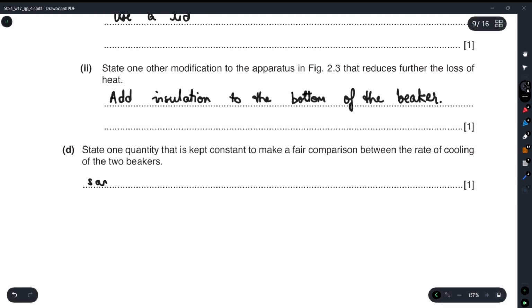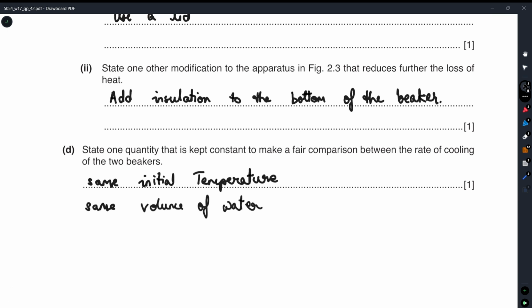Same initial temperature works just fine. But you can say tons of stuff over here. Same initial temperature. Same volume. Same volume of water. Just in case, write 2.